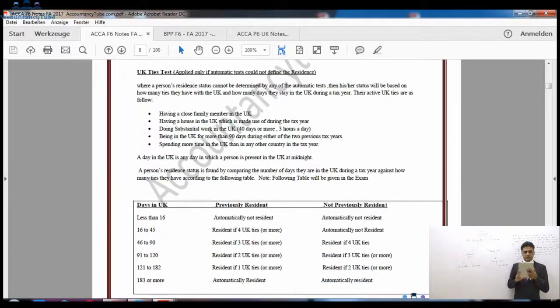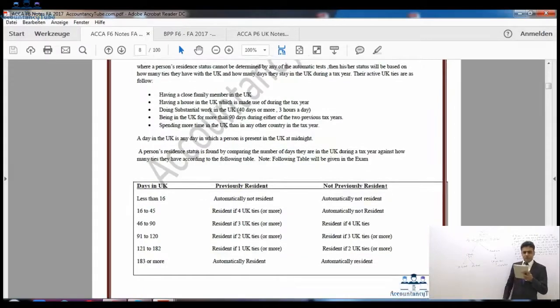Let's look at below. So it says UK ties tests, applied only if the automatic test could not define the residence. So if automatic tests are not able to define the residence status of an individual, then we need to look at the UK ties. Now UK ties basically are connections with the UK, which are given below.